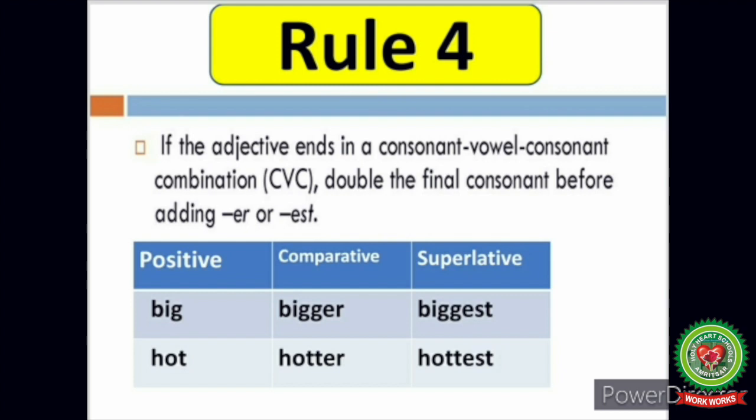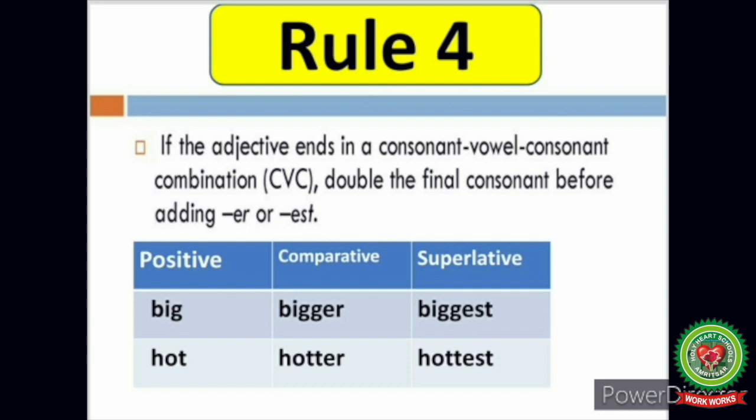The rule says if the adjective ends in a consonant-vowel-consonant combination, meaning CVC, we have to double the final consonant before adding ER and EST. For example, big. Big is a positive degree. Now, in this word, there is a CVC combination, meaning consonant, vowel and consonant.